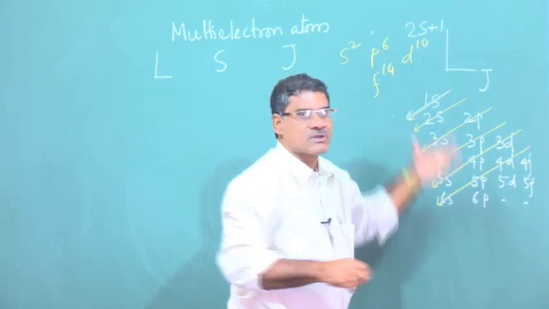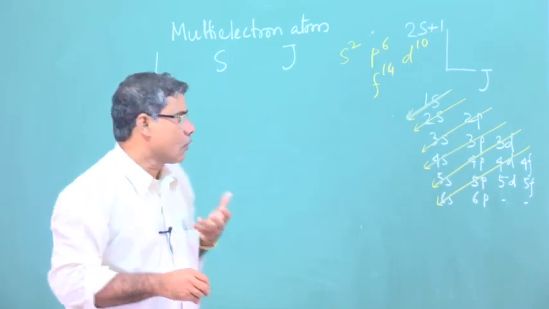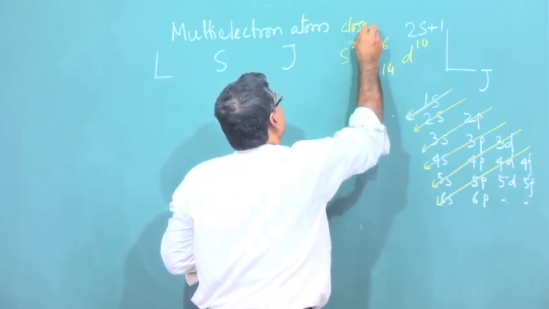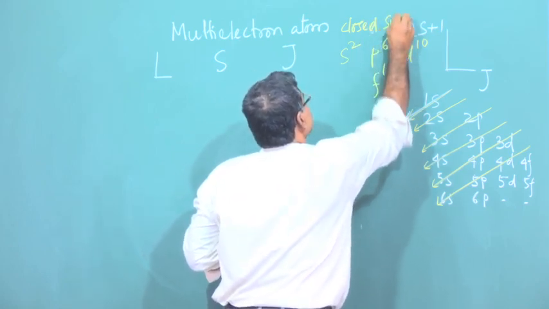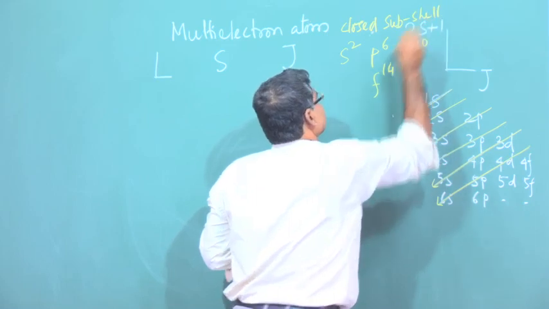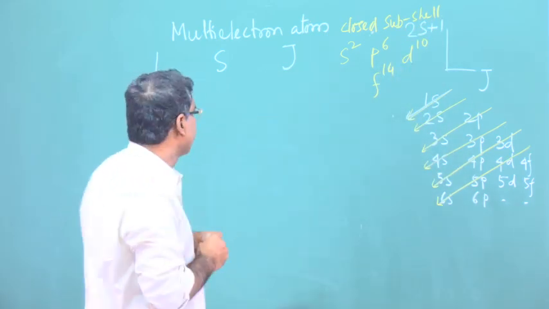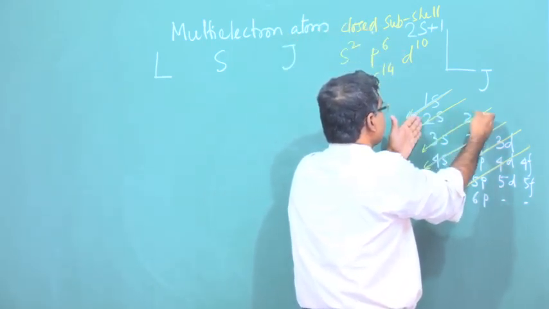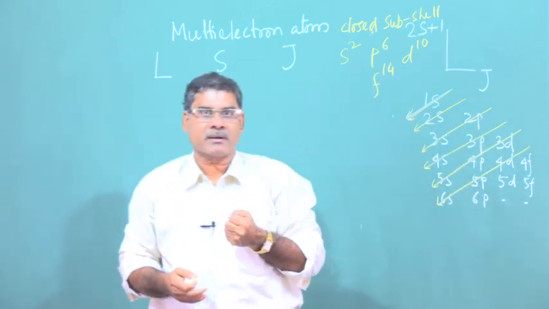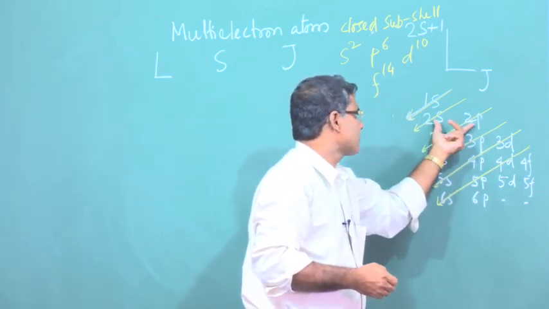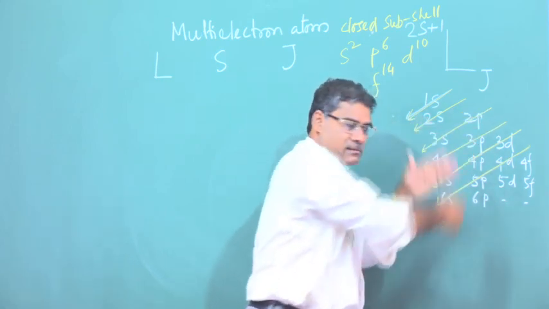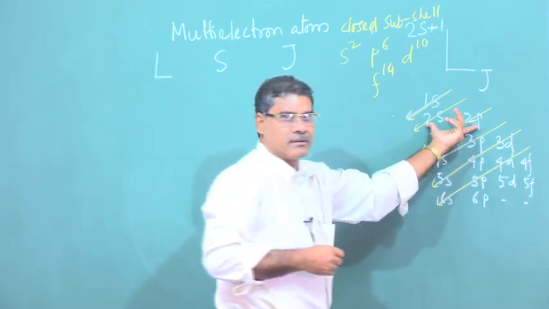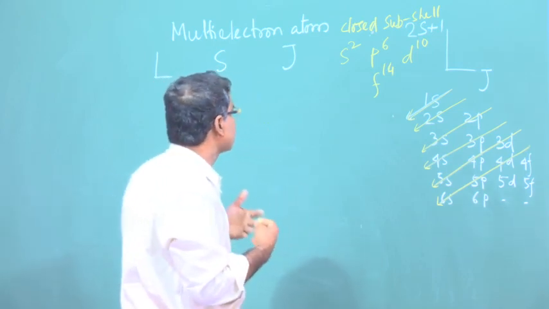So, these are called closed subshells. A closed subshell, and a closed shell: depending on the principal quantum number n, the shell has subshells. If the whole shell is filled with electrons, then that will be called a closed shell or closed subshell.